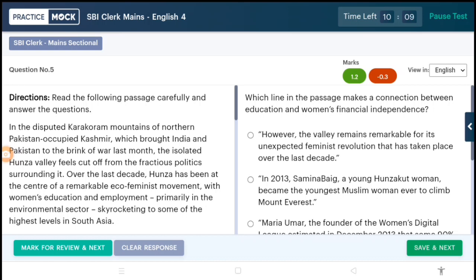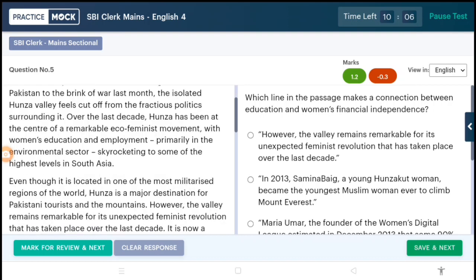Which line in the passage is making a connection between education and women's financial independence?